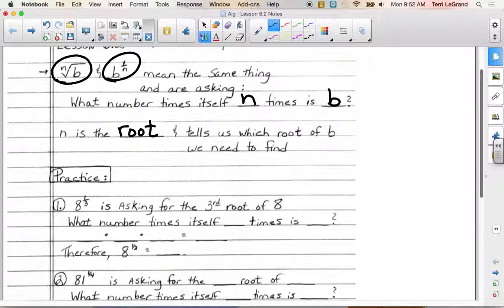When I asked you for the square root of 9, you said 3. You're saying that 3 is the root of 9. 3 times itself gives you 9. When I asked you for the square root of 81, the root is 9, because 9 times itself is 81.